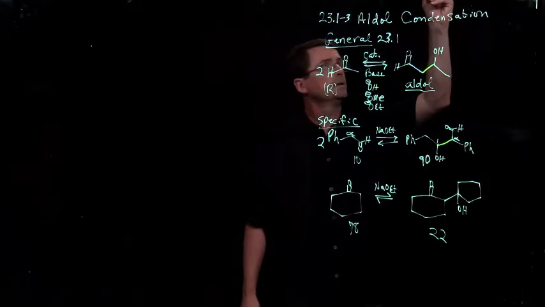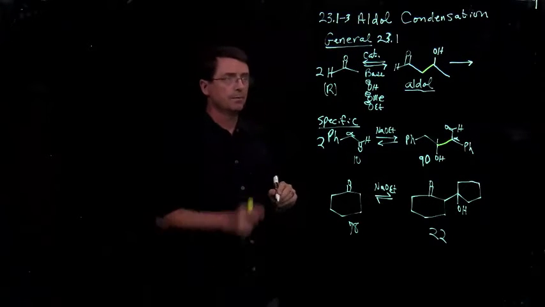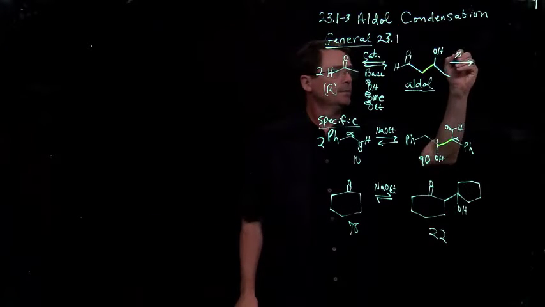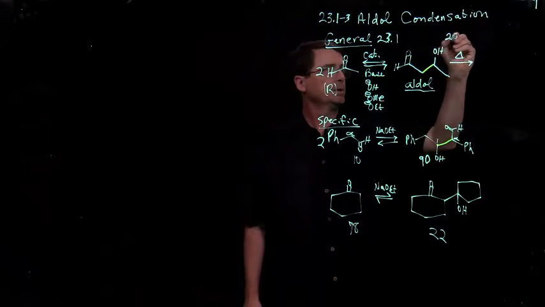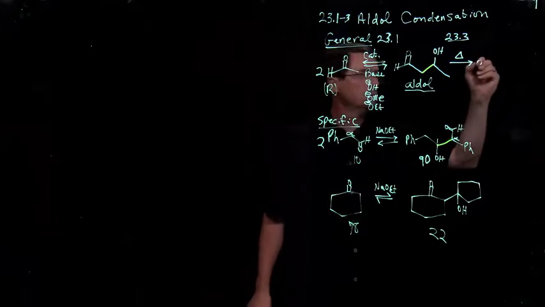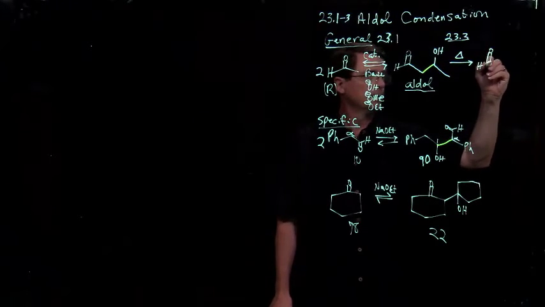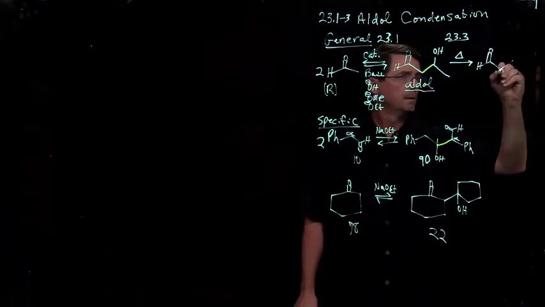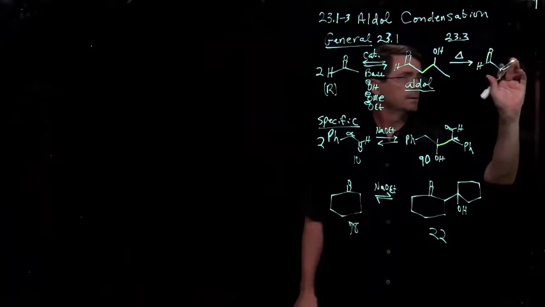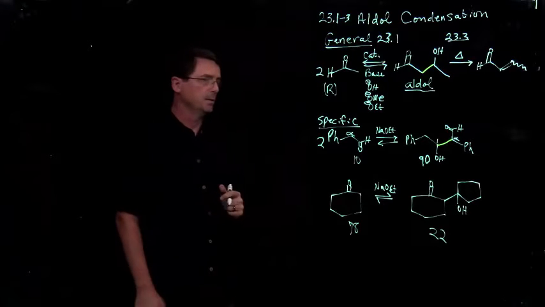Well, it turns out it can be done in a pretty straightforward manner, although the first step is reversible, that is the aldol condensation. It then undergoes elimination simply by heating a little bit, and so this is 23.3, where you can read about that. And so this product would produce, and let me use a squiggly line here to indicate there's a mixture of stereoisomers in that aldol product.